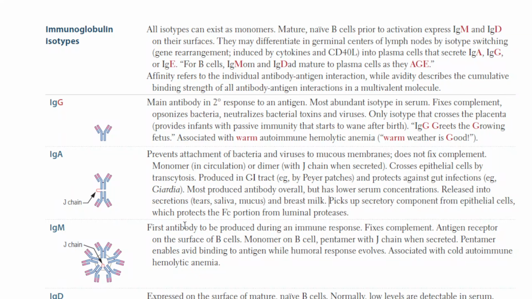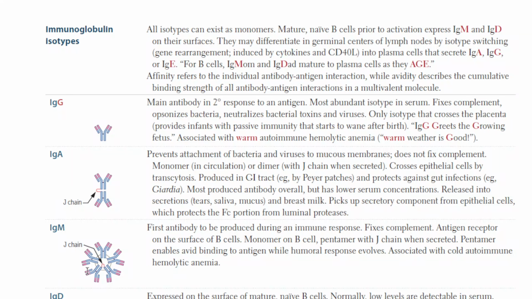Immunoglobulin M is the first antibody to be produced during an immune response. It fixes complement. It is the antigen receptor on the surface of B cells, a monomer on B cells, and a pentamer with the J chain when secreted.